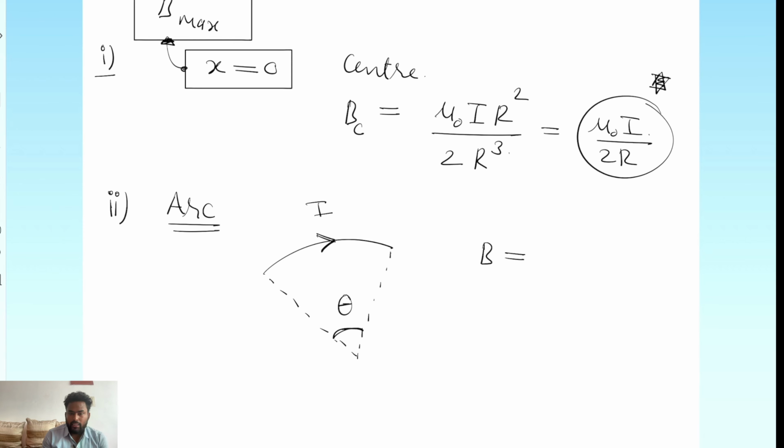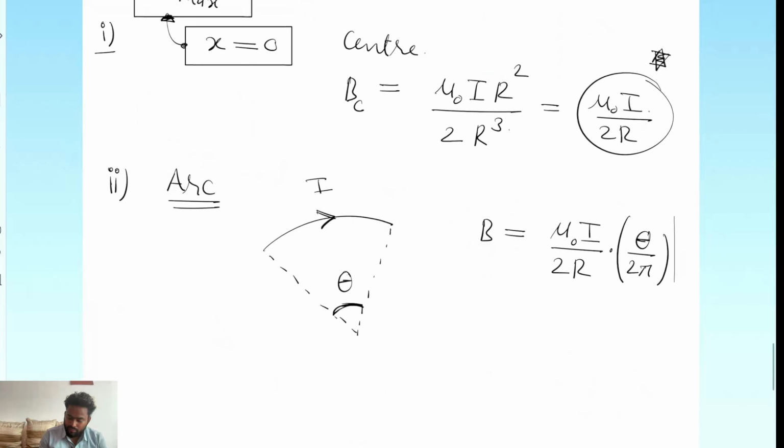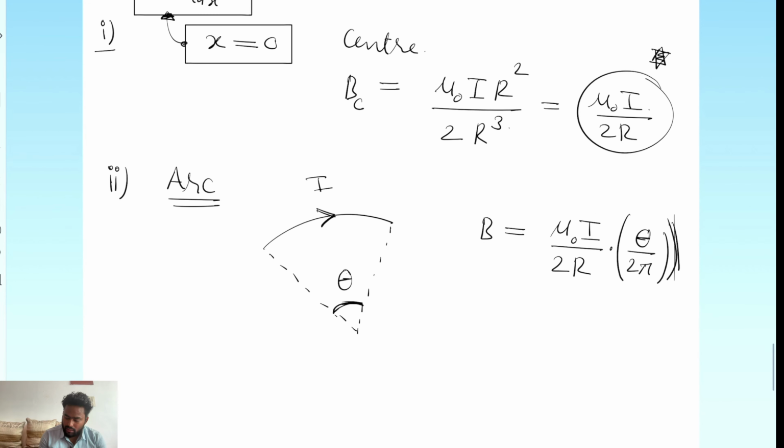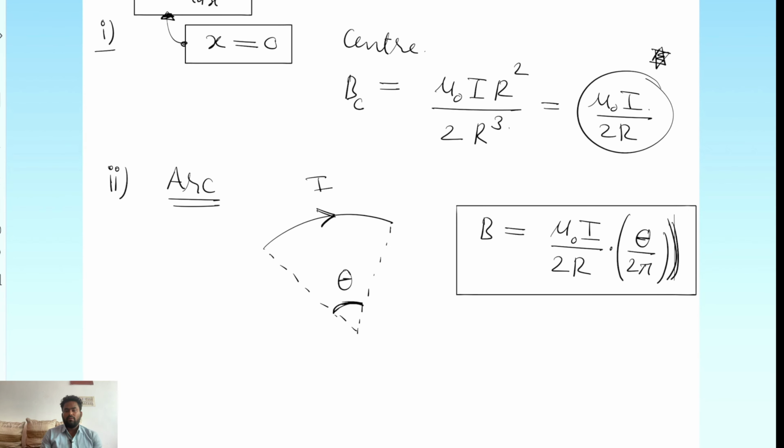For the complete circle it is mu naught I by 2R, but how much part is there of the circle? It is theta by 2 pi part of a circle. So for the magnetic field formula, you have to multiply by the fraction of the circle.